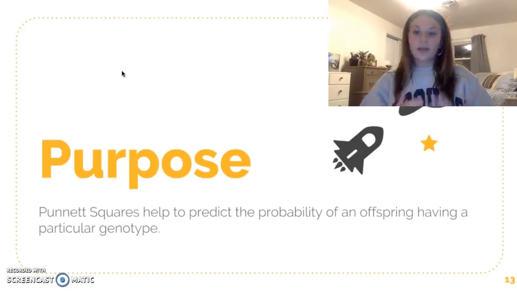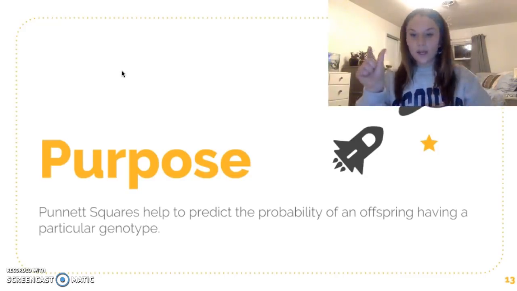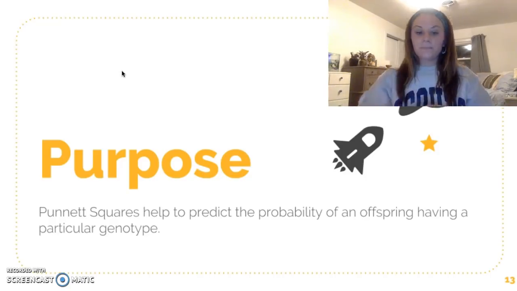So we're going to find out what's the probability that an offspring will have either 2 capitals, 2 lowercases, or that heterozygous mixture. It's always going to be either 25, 75, 50, or 100. So it's not like too crazy of a probability. We're scientists, we're not mathematicians, so we try to keep it as simple as possible. It's going to be working on 25, 50, 75, or 100%.